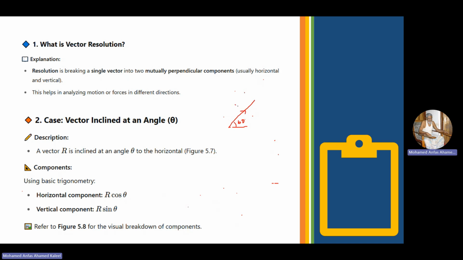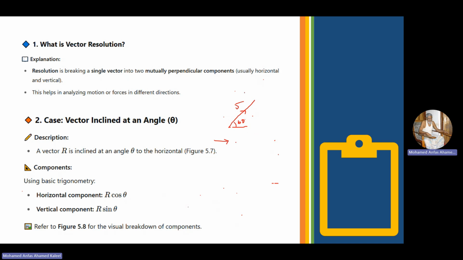Let's say a vector force 5 is acting at 60 degrees to the horizontal. So what are the resolutions, or the components, in horizontal and vertical of this vector? As I told you, you have to get this vector component in these directions.